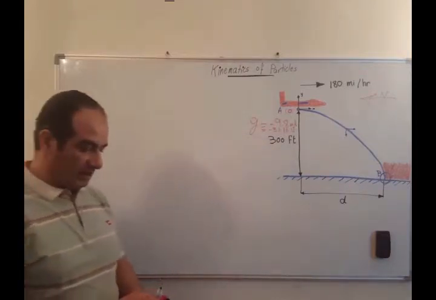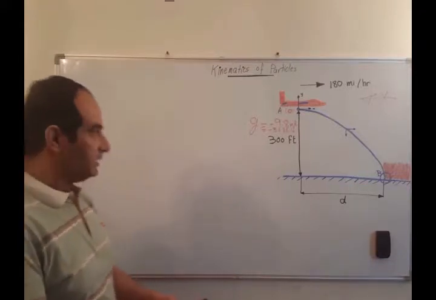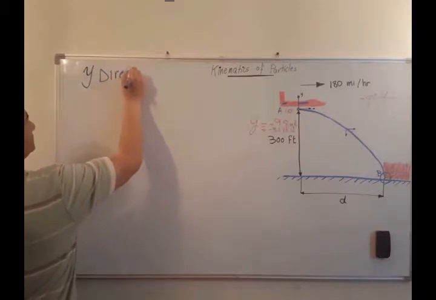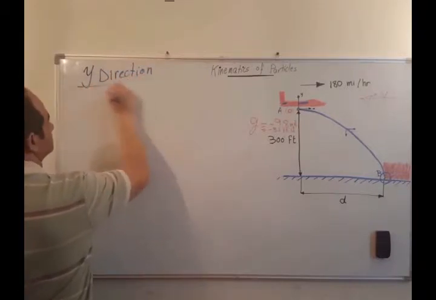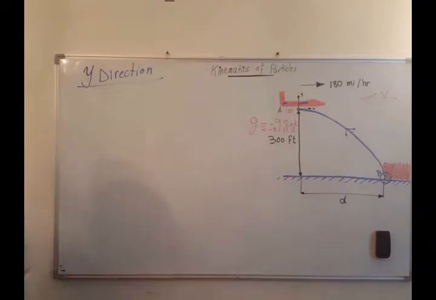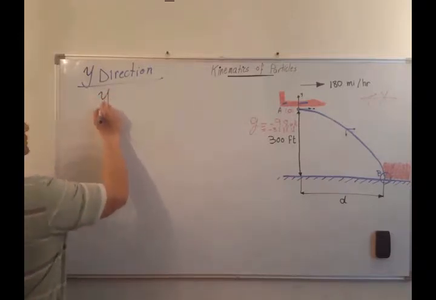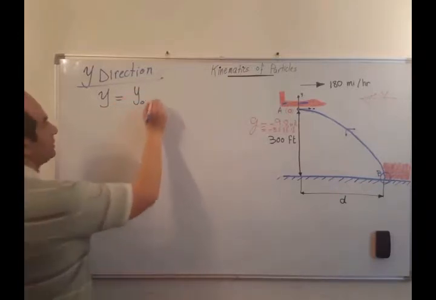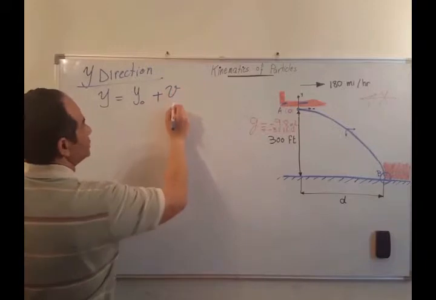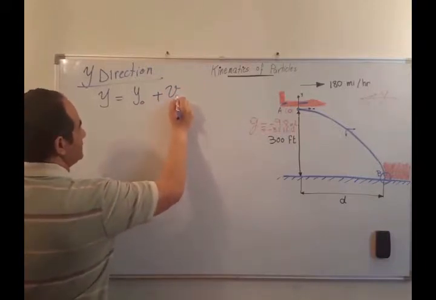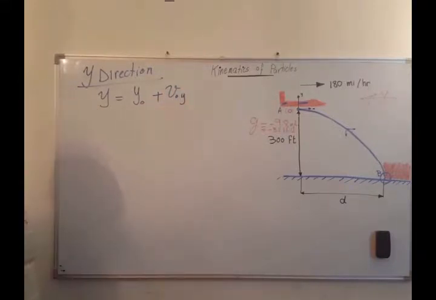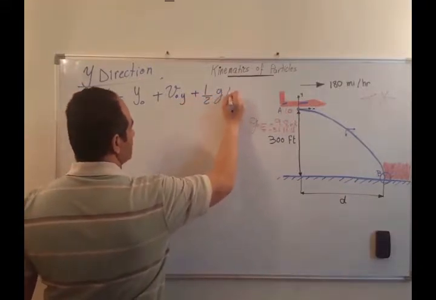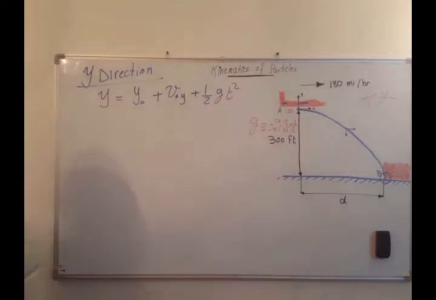How can we apply our equations? We start with the y direction. We have the vertical displacement y equals the initial displacement y naught plus the initial vertical velocity v naught y t plus half g t squared.